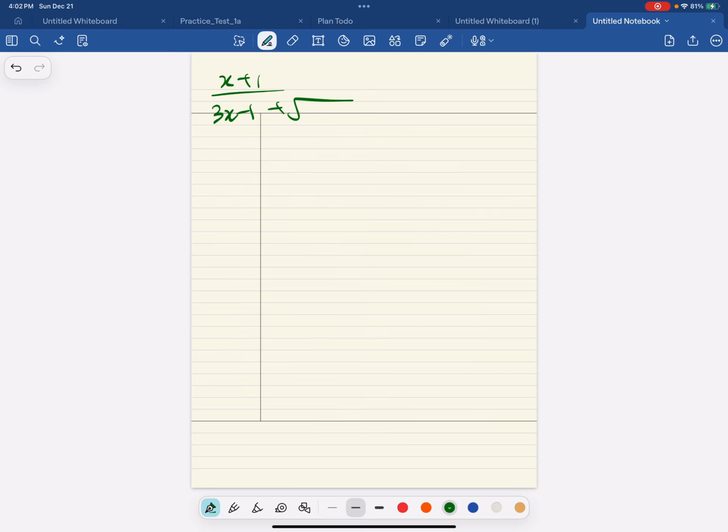Same concept. In this case, let's say it's a limit as x approaches minus 1. Oh my god, that's too tiny. Limit as x approaches minus 1. In this case, we're just going to do the same rationalization on top and bottom, but like this instead.